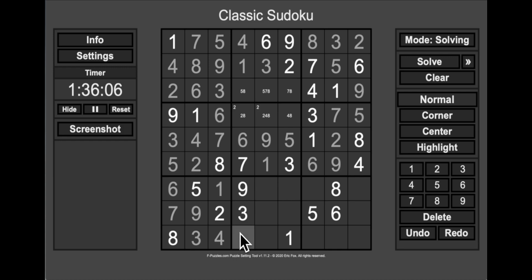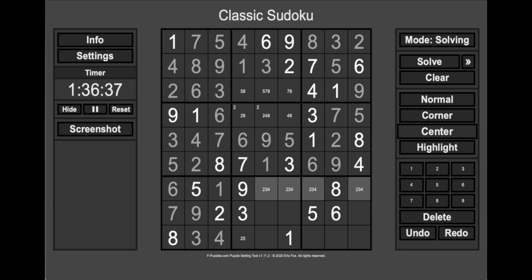This is 2, 5, or 8, but it is an 8. So this looks like 2 or 5. Okay, in row 7, I have 1, 5, 6, 8, 9 placed.